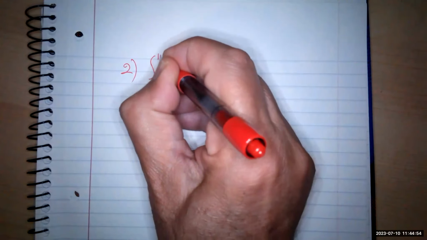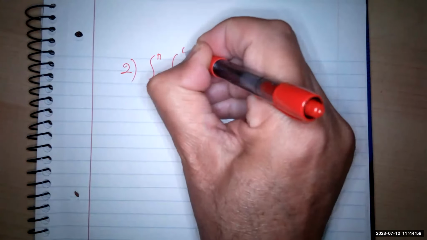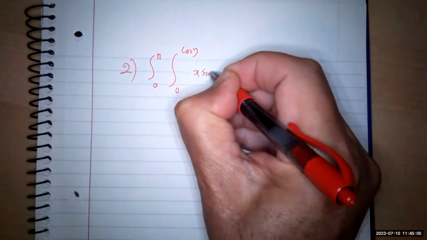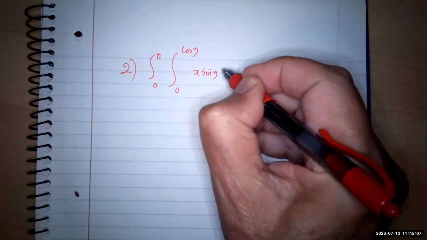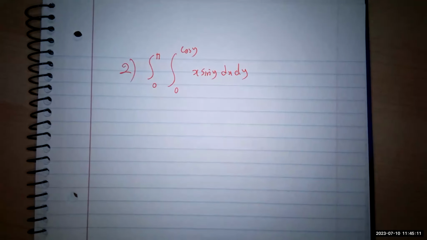So the second one, just a trick, x sine cosine type, 0 to pi, 0 to cosine y, x sine y dx dy. This is a type 2.